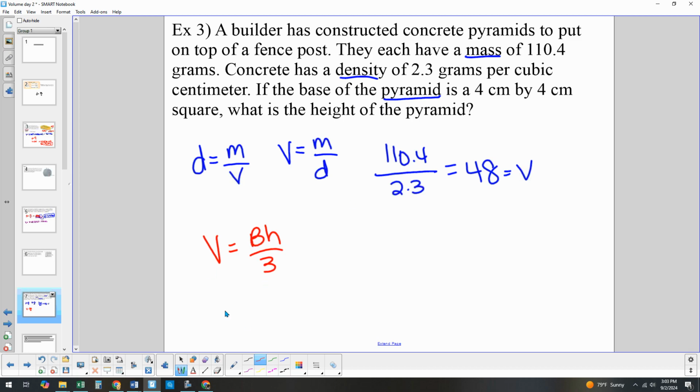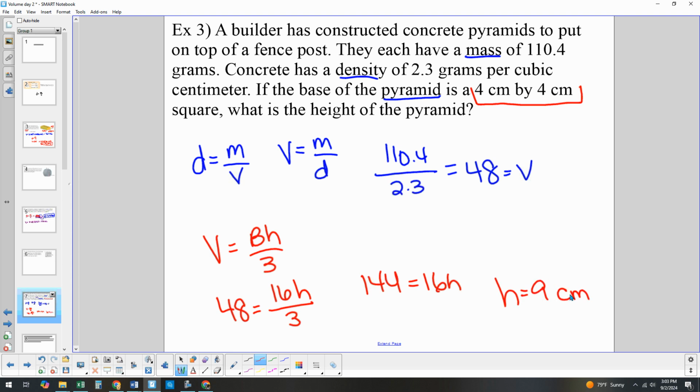I could plug 48 in for V. I'm looking for the height and the area of the base. If it's a 4 by 4 centimeter square, 4 times 4 is 16 for the area of the base. So I'm going to multiply the 48 by 3 and divide by the 16. So my height is really 9 centimeters.